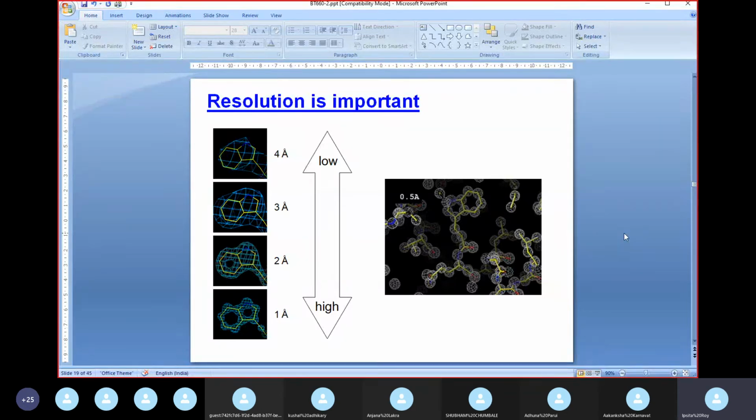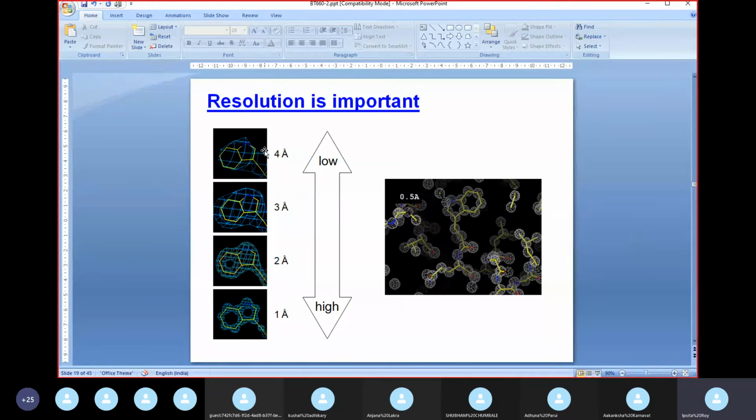You would have seen that whenever a structure is reported by X-ray, especially for protein structures, it says that this structure was solved at 3 angstrom units, or this structure was solved at 2 angstrom units. What those angstrom units mean is that in this structure, you are able to differentiate a distance of 2 angstrom units. And that is what is called resolution.